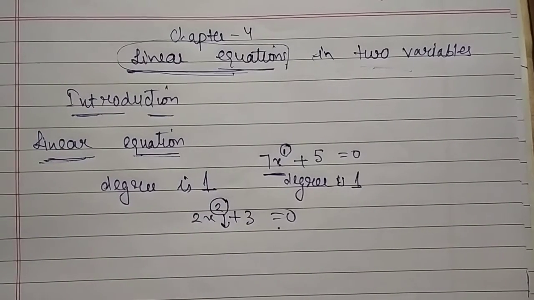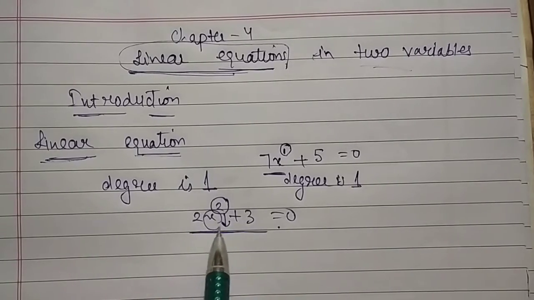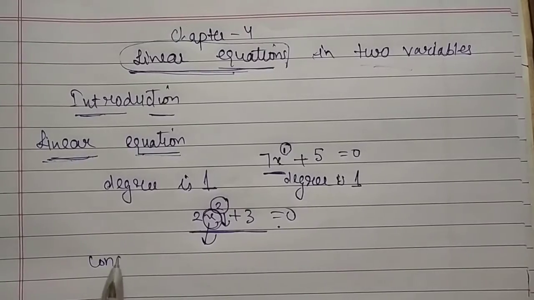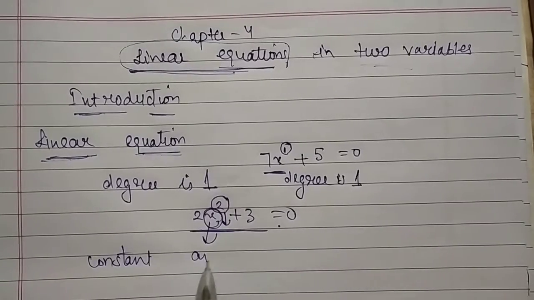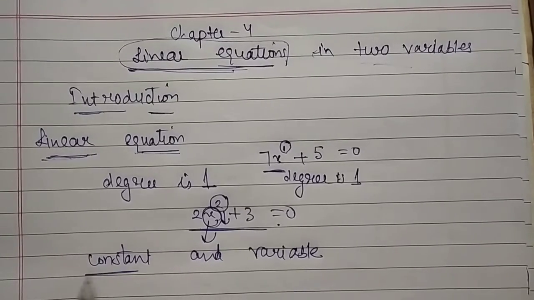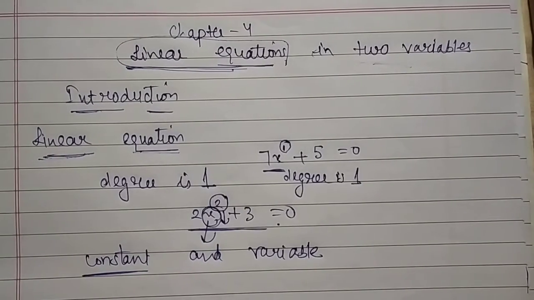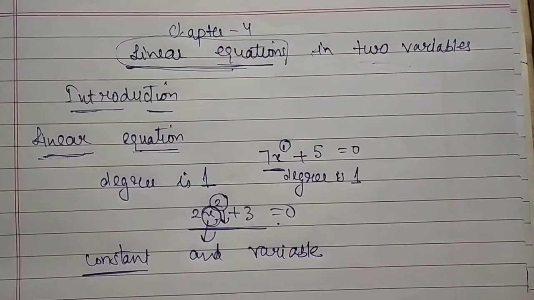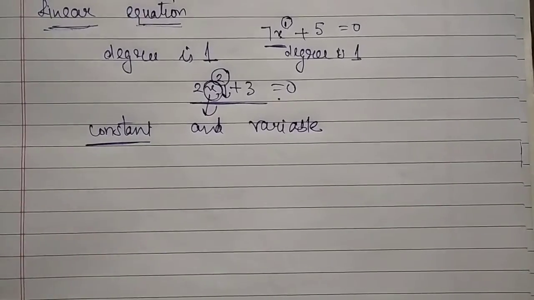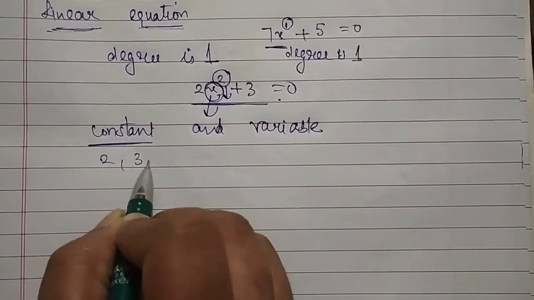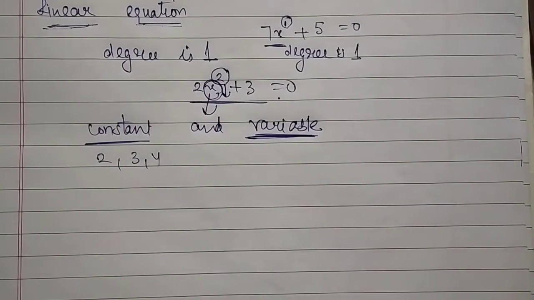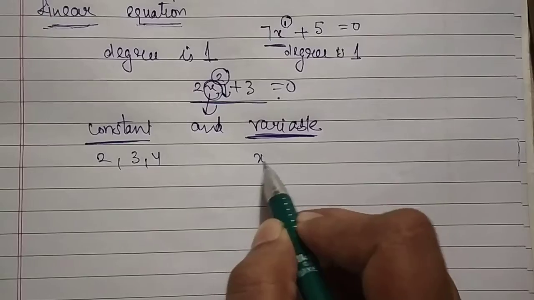Next, this is a linear equation but in one variable. Here the variable is only 1. I hope you know the difference between the constant and the variable. I will repeat it. Constants are those terms whose values cannot change, like 2, 3, 4, and variables are those whose values keep on changing, like x.